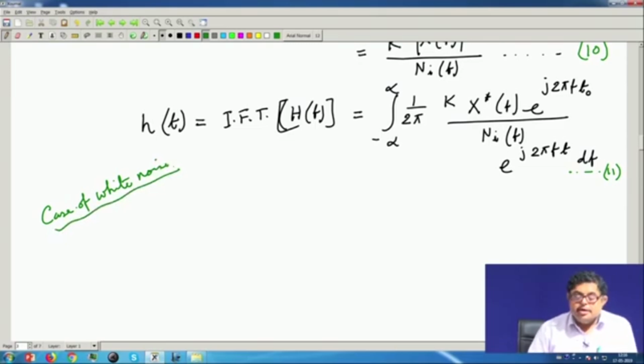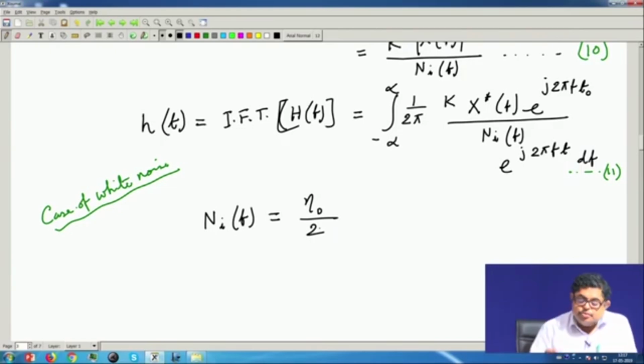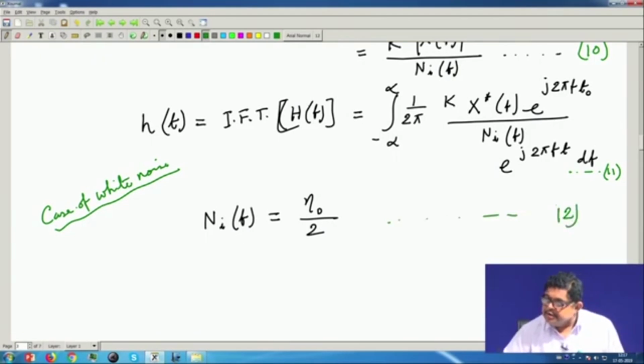If I specialize, then we know that for white noise we can write the value of N_i(f), that is the noise spectral density. We know white noise is flat for all frequencies. So, if we have the double sided spectrum, then it is eta naught by 2. This is an important thing.